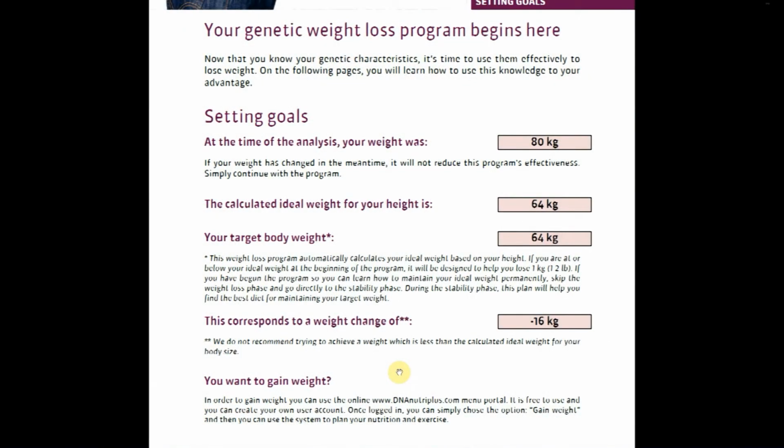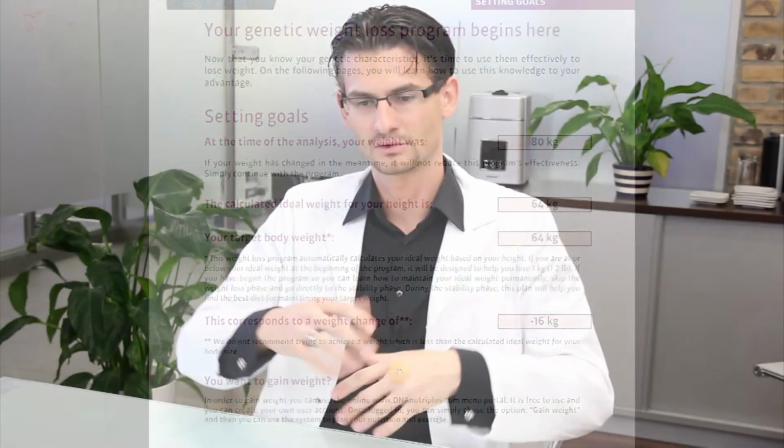For people that want to do this, the paper version of the program would end here. We have a menu portal, www.DNAnutriplus.com, where you can log in with the genetic results, and then you can create your menu. And there's a tab where you can click. One is for losing weight, one is for maintaining weight, and one is for gaining weight. You just click on gain weight, and then the program creates a certain food menu for you.